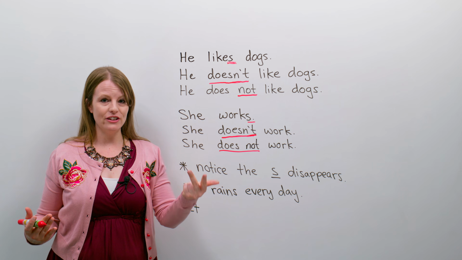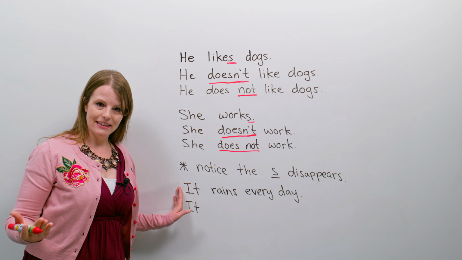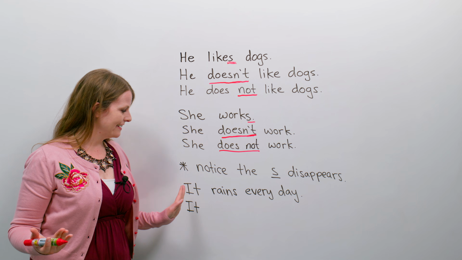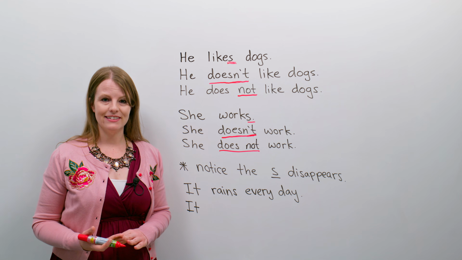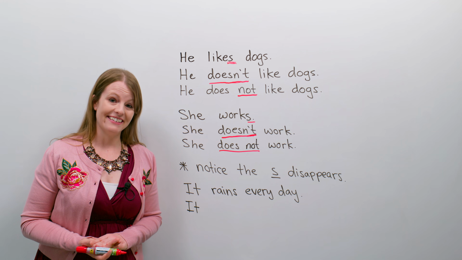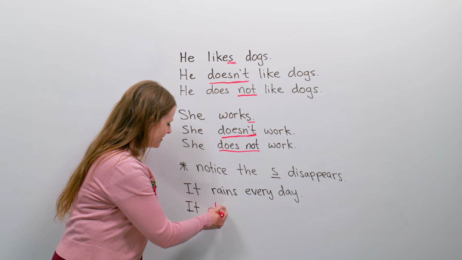It, he, and she all use doesn't. So here is the positive sentence. It rains every day. Let's make a sentence with doesn't. It doesn't.